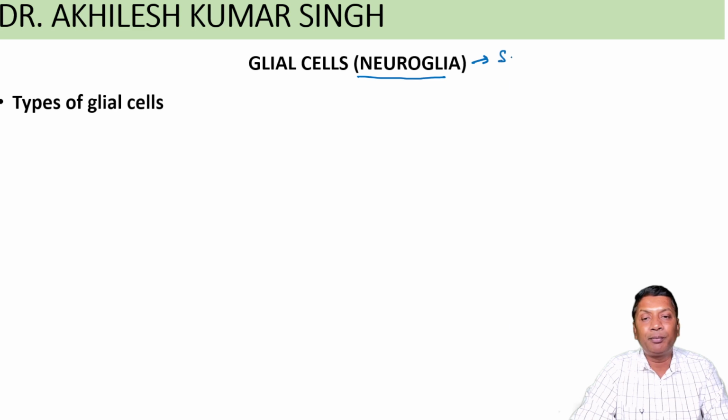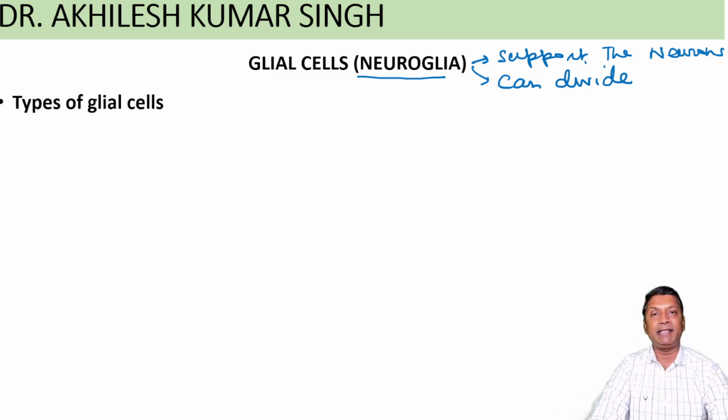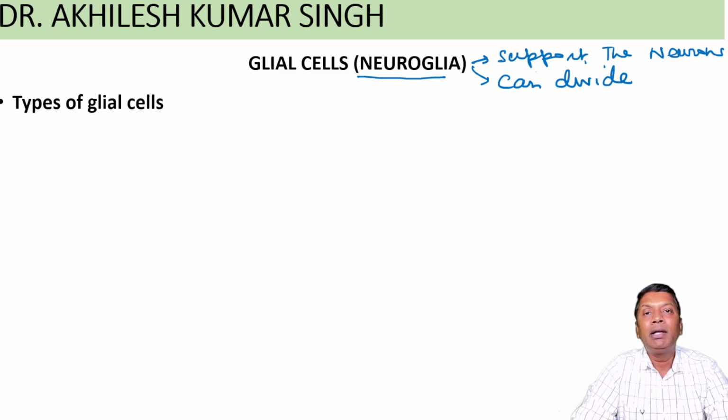These cells support the neurons in the central nervous system, and these glial cells can divide. Neuroglial cells or the glial cells can divide, but the neurons do not divide, except for a few neurons of the hippocampus and neurons of the olfactory epithelium, which can divide.